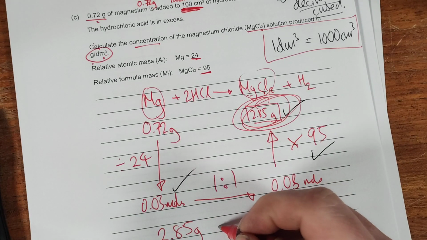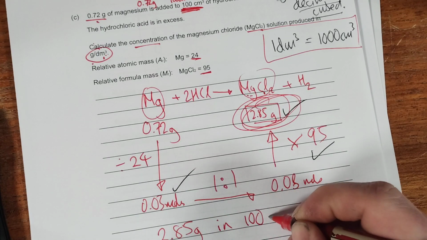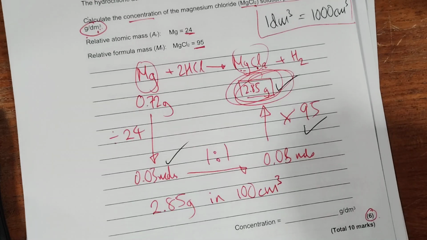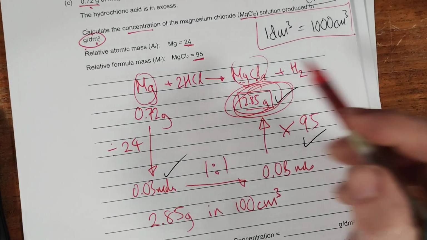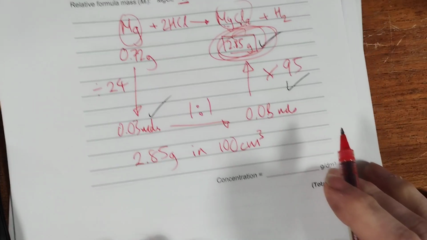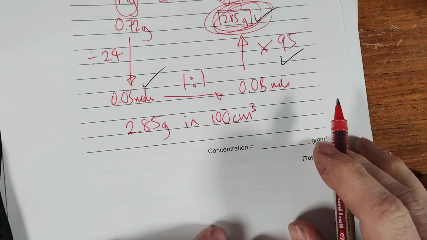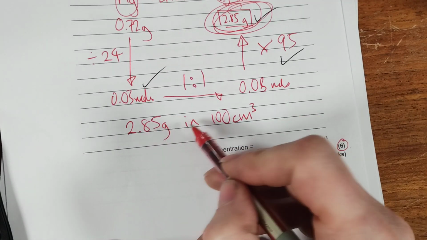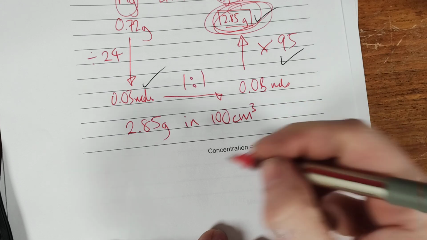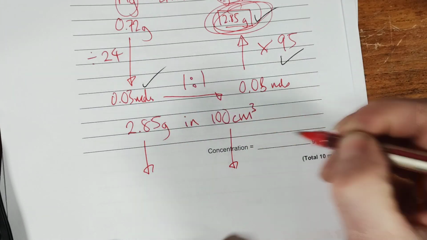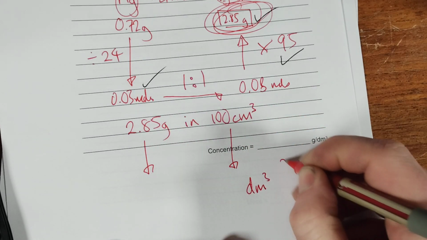So I've got 2.85 grams in 100 centimetres cubed. And they want to know how many grams there would be in a decimetre cubed. All right, so I've got 2.85 in 100. So how many grams would there be in a decimetre cubed?